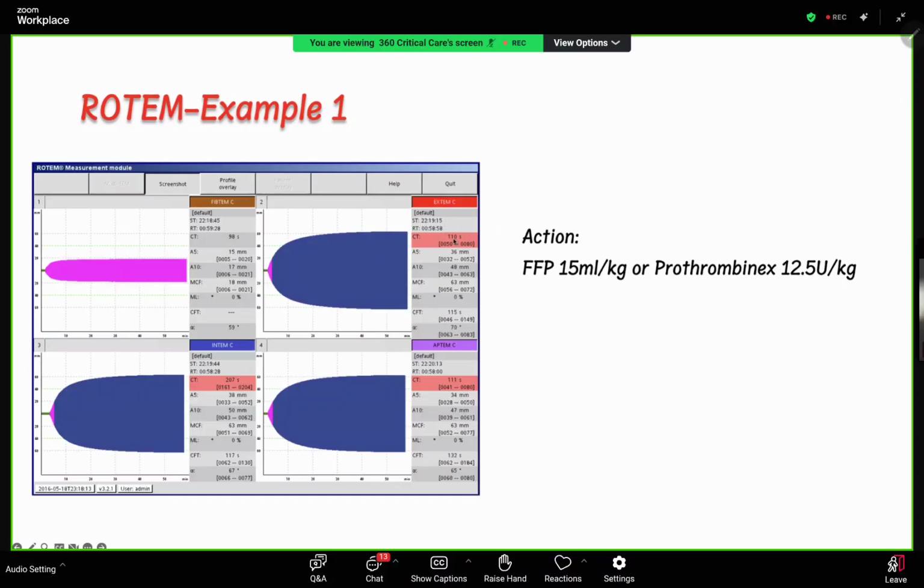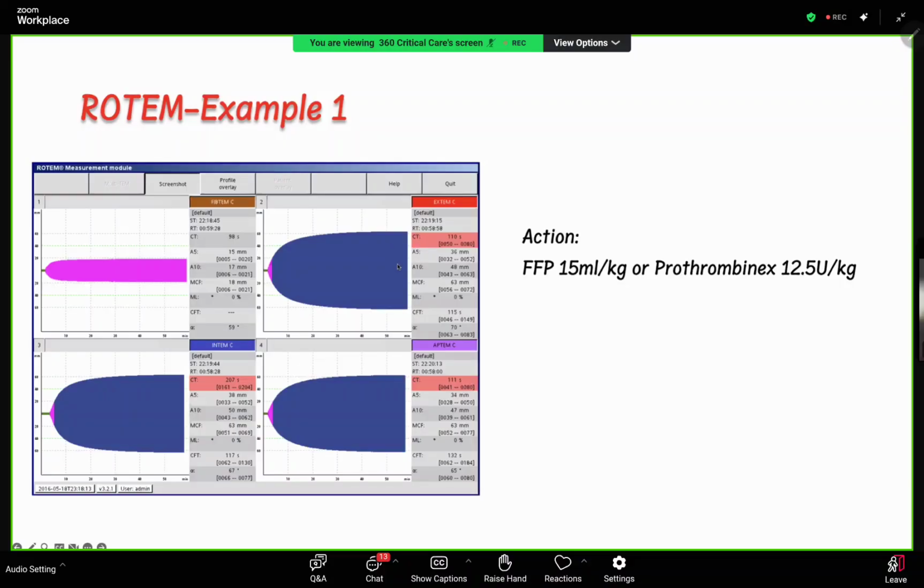A prolonged CT can be due to fibrinogen, clotting factor, or platelet, but we know that the fibrinogen is normal, so it is a problem with clotting factor or platelet. Now, because the FibTem A5 is 15 and the EXTEM A5 is 36, there is quite a good amount of contribution from the platelet. So probably platelet is not the problem. It is possibly the clotting factor.